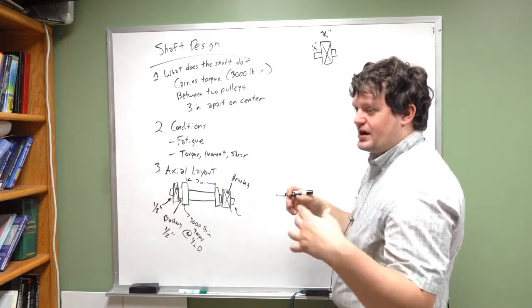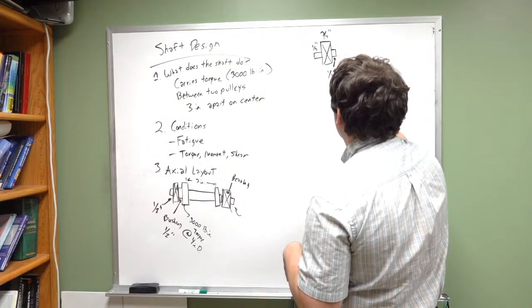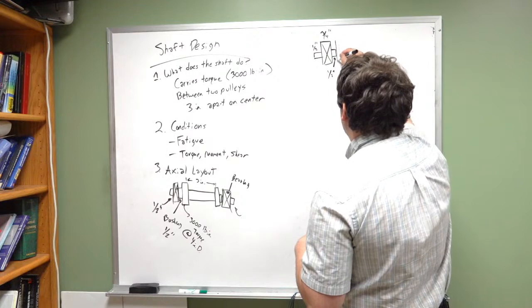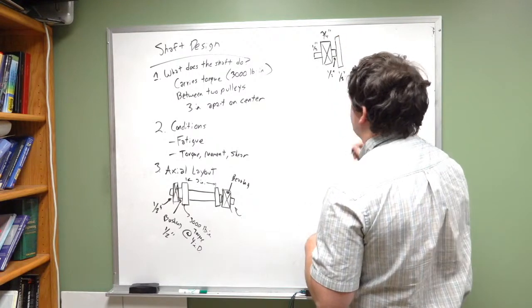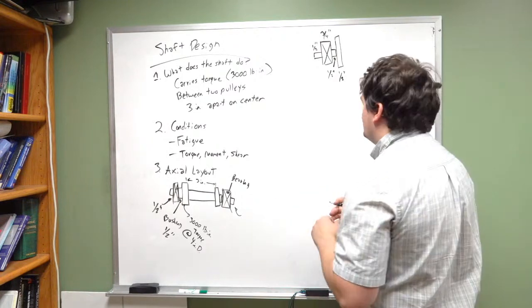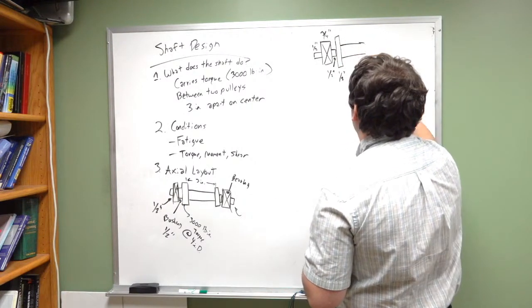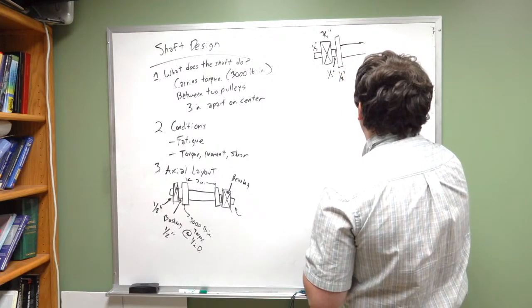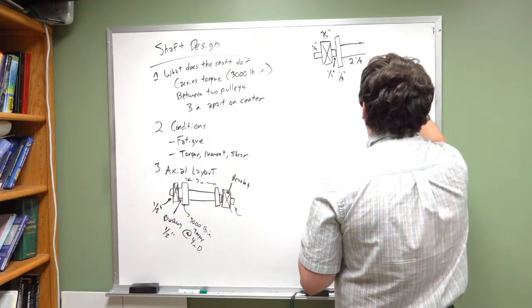The bushing goes right over the shaft, and we'll say that this is a 1/2 inch. And then we've got our pulley, and we'll say our pulley is also 1/2 inch. Pulleys don't tend to be very, very wide. Then we've got our step shaft here. Let's see, this is going to be 1/4 inch, 1/4 inch. So the step shaft is going to be 2.5 inches.